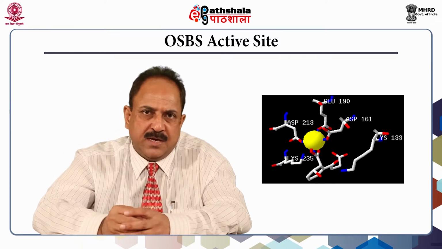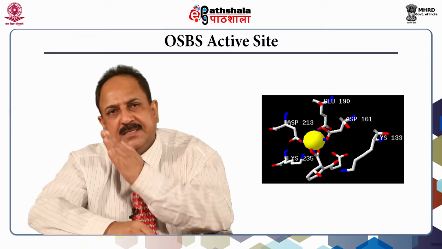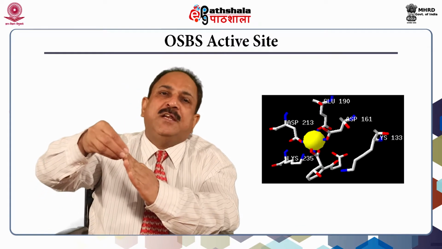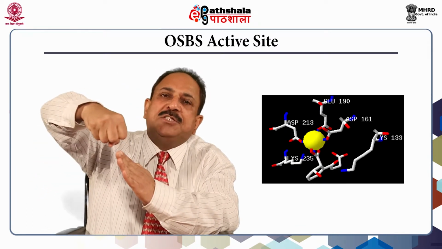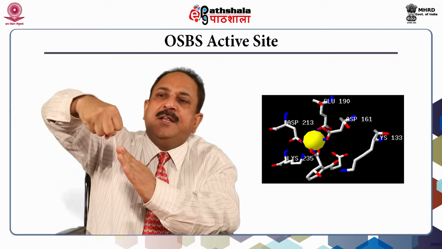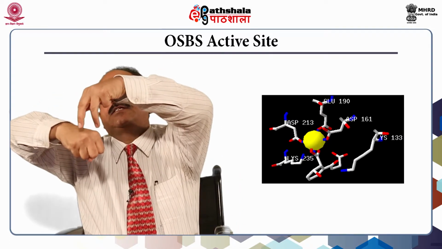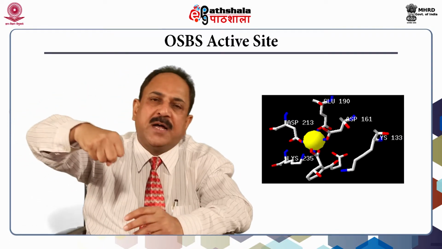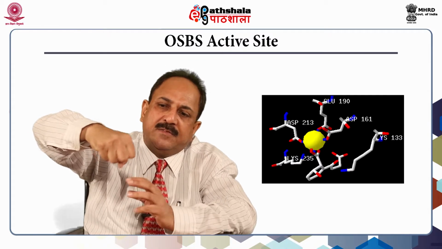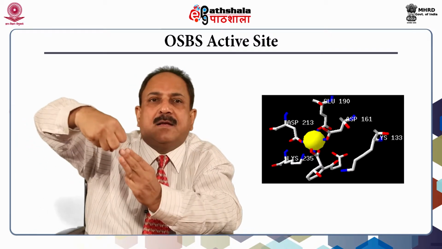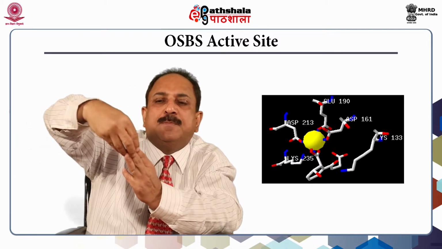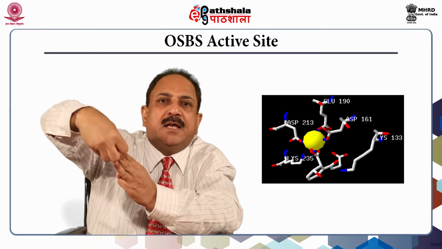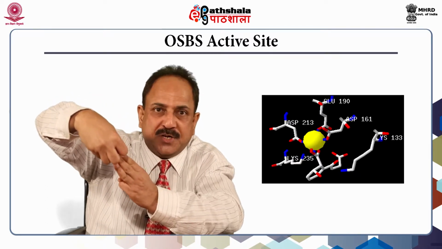This is simply the substrate, which has a carboxylate group. This is the magnesium, which is coordinated with three acidic residues, that is aspartate, glutamate and aspartate. This magnesium then has the fourth coordination position from the carboxylate group of the substrate.